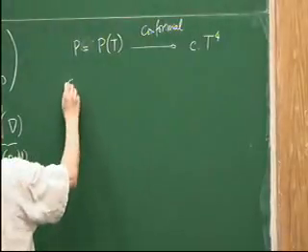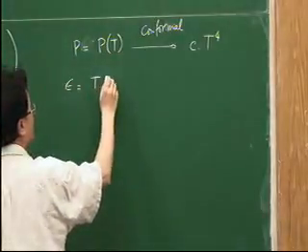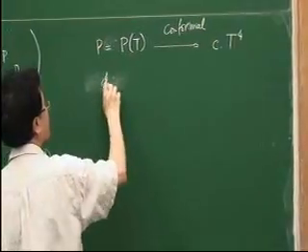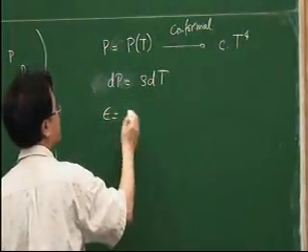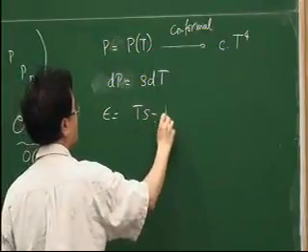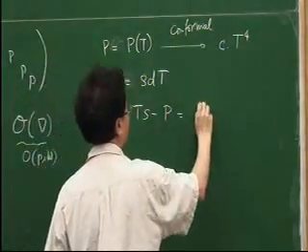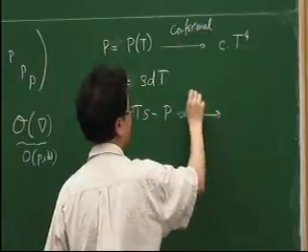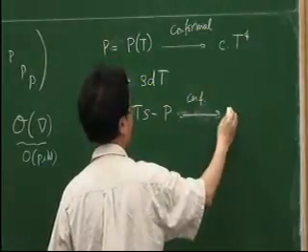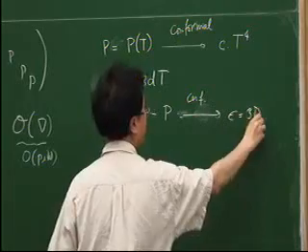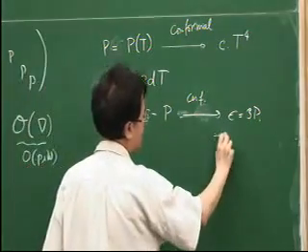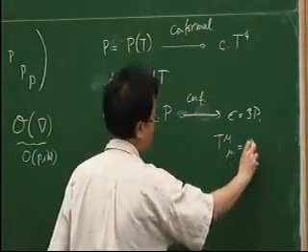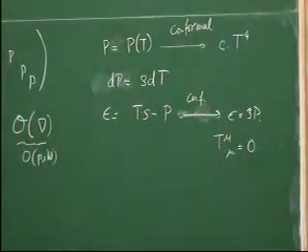And then dP is equal to s dT, and the energy density is Ts minus P, and for conformal, if we have conformality, epsilon has to be equal to 3p. Or we can write this as the condition that the trace of the stress tensor is equal to 0.